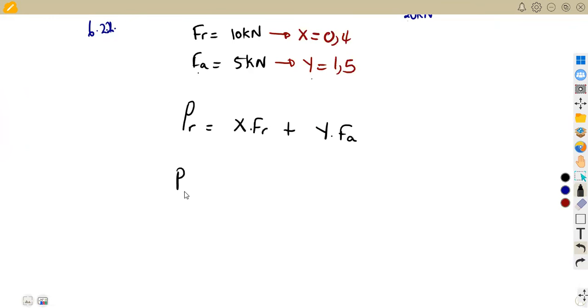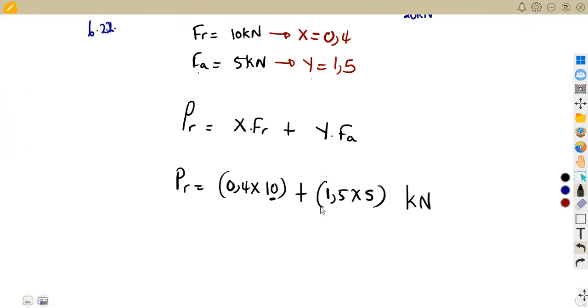So we're going to simply multiply X, the radial load factor of 0.4, by its corresponding force, which is 10 kilonewton, plus Y, 1.5, times FA in kilonewton again. So our answer is going to be in kilonewton, since this is in kilonewton and this is also in kilonewton.